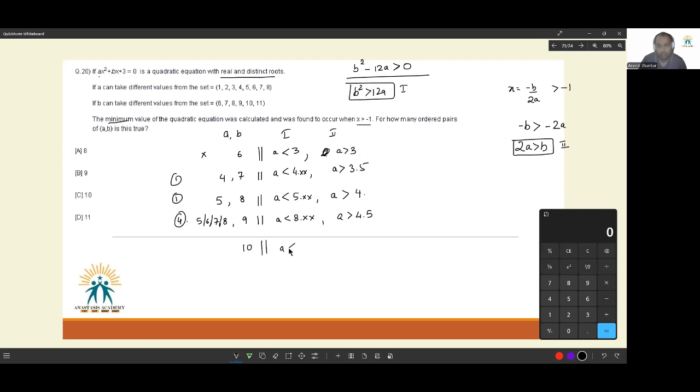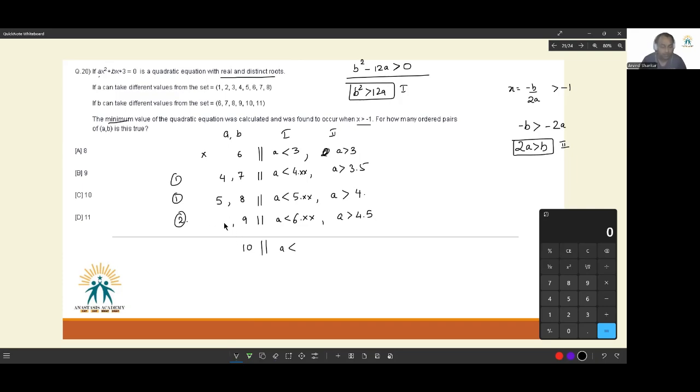So A has to be less than, oh, I think I made a mistake. When this is 9, this is 81. 81 is greater than 12A. A has to be less than 6 point something something. So only 2 cases from here. I was only able to recognize it because 100 by 12 is also 8 point something something.